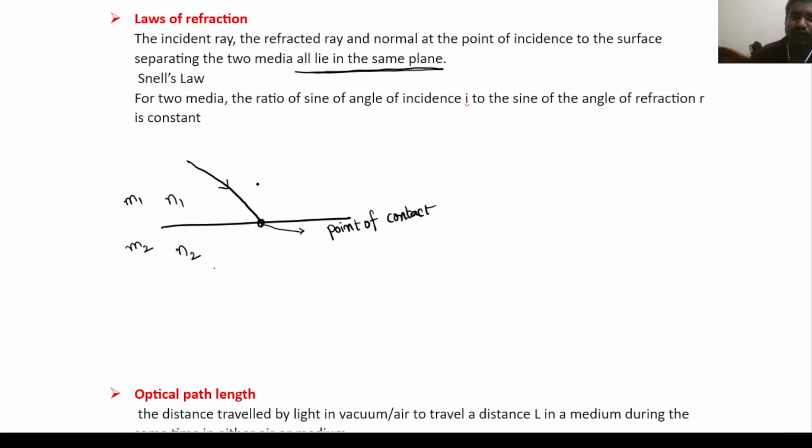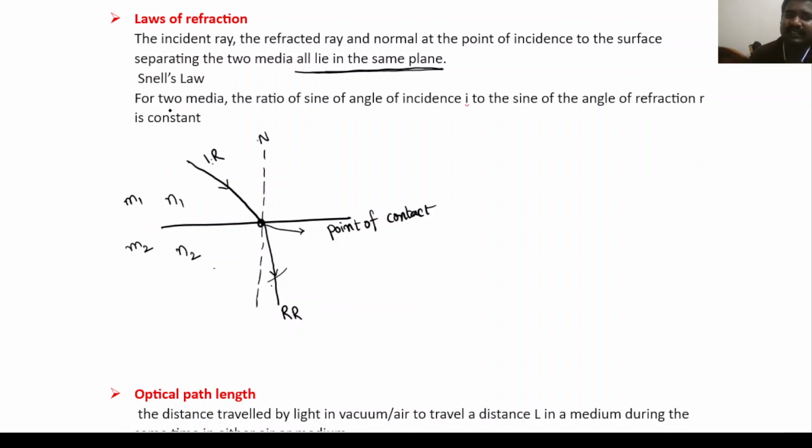Now at the point of contact we need to draw a normal. Then the light ray will bend at the normal. Therefore, this is the incident ray, this is the normal, and this is the refracted ray. The incident ray, normal, and refracted ray should all be taken in the same plane.